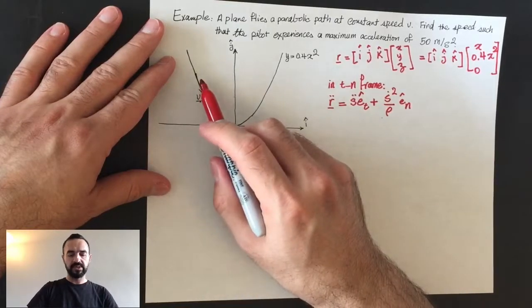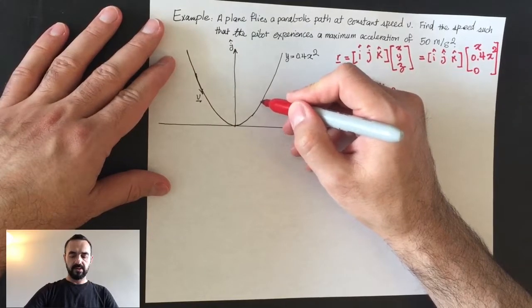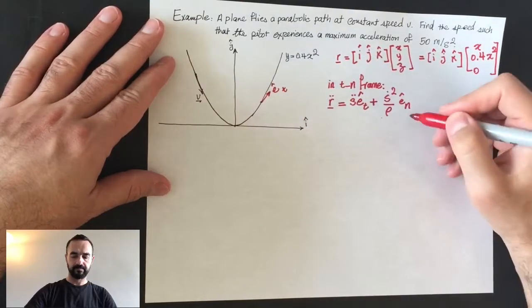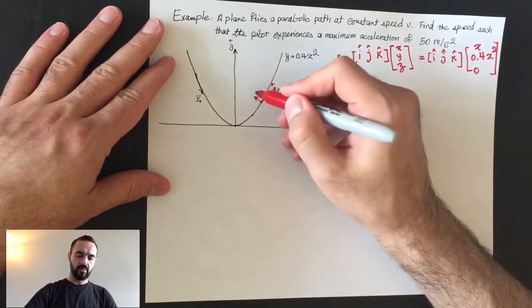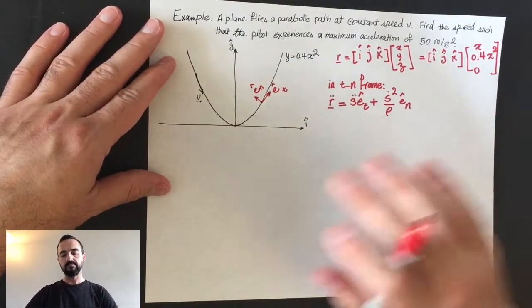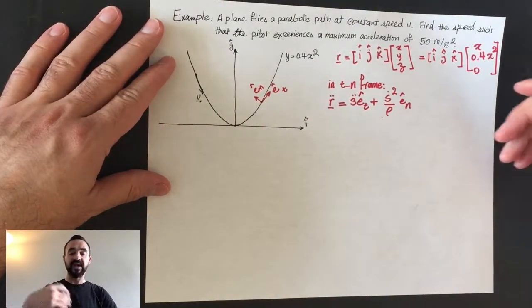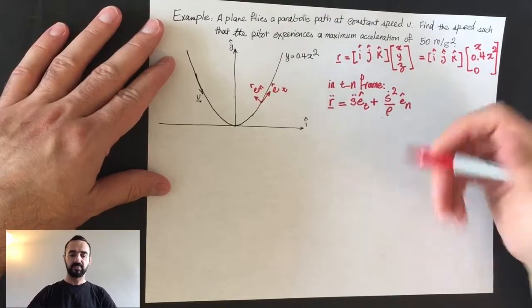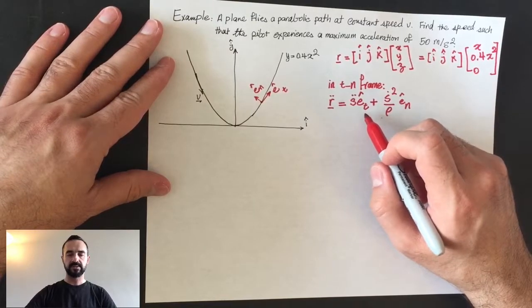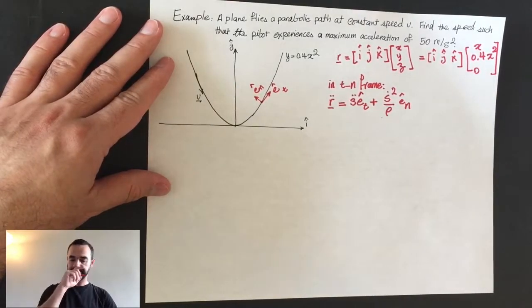So for any point on this path, our e hat t is tangent to the path, and e hat n points towards the center of curvature. In this frame, which makes it easier to attack this problem, the acceleration is equal to s double dot e hat t plus s dot squared over rho e hat n.